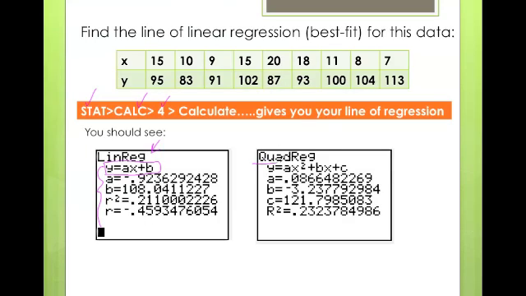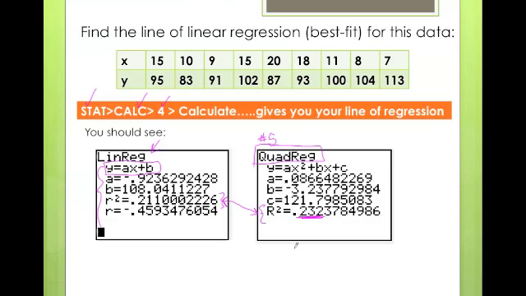Notice that the quadratic regression one, which would be under number 5, if you go back to Stat Calc and hit 5, does not give you the r value, but it gives you an r squared value. Well, you need to be sure that you're comparing r squared to r squared, not an r to an r squared. When I compare these two numbers, I see that the r squared value is higher.